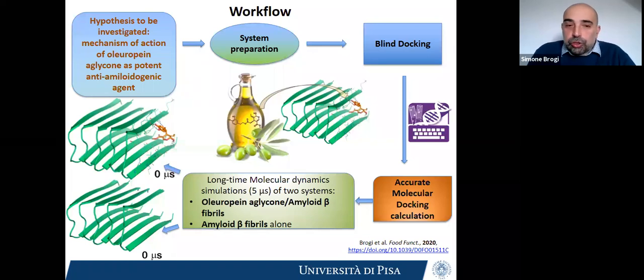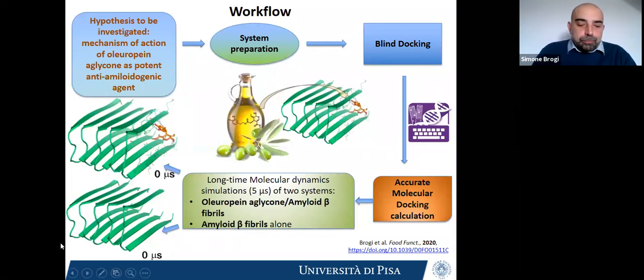During the computational study, we also considered a system in which the amyloid beta fibrils were alone, in order to obtain a direct comparison of the two systems and to highlight the role of oleuropein aglycone in this kind of system. All these steps will be discussed and described in detail in the next part of the talk.